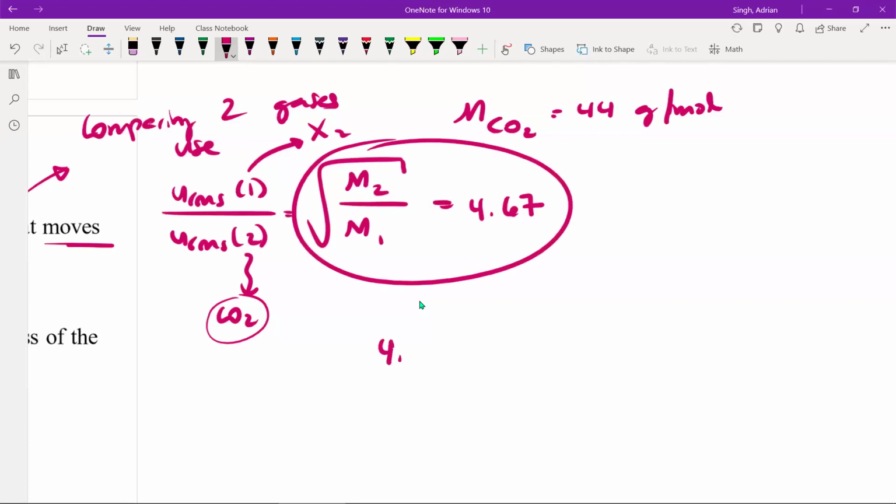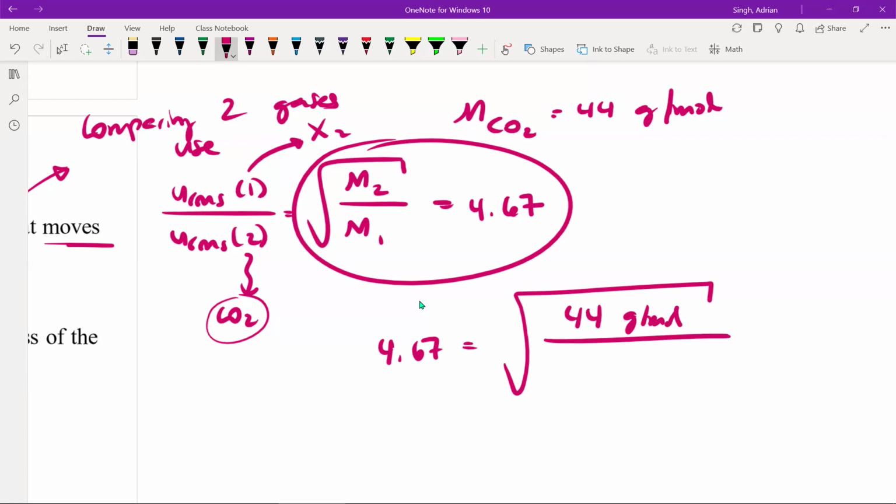We have 4.67 being equal to the square root of the molar mass of gas 2, which is carbon dioxide, so 44 grams per mole, divided by the molar mass of gas 1. We don't know what that is, so we'll say X grams per mole.